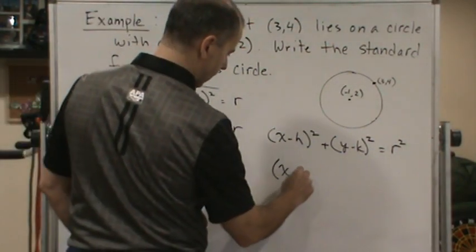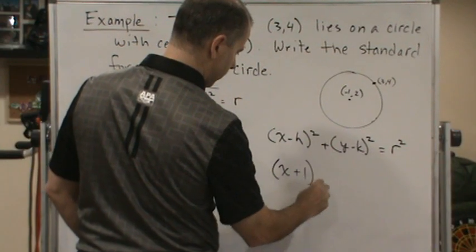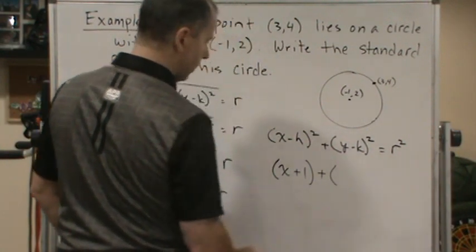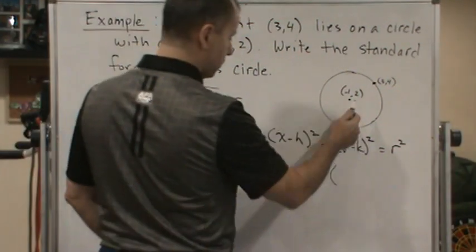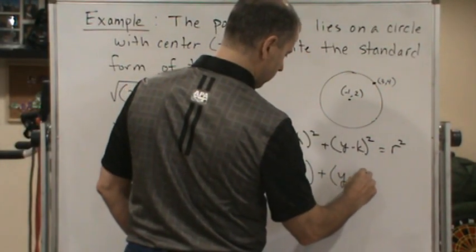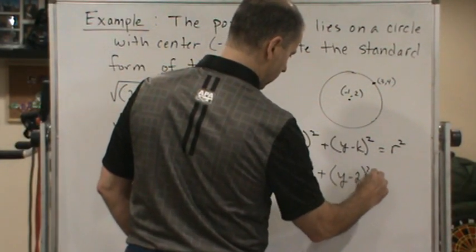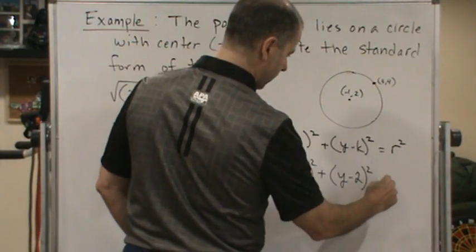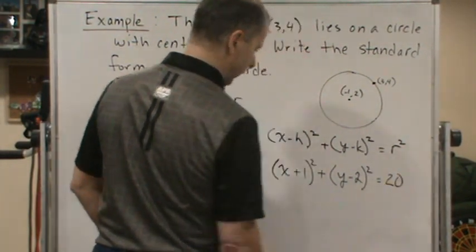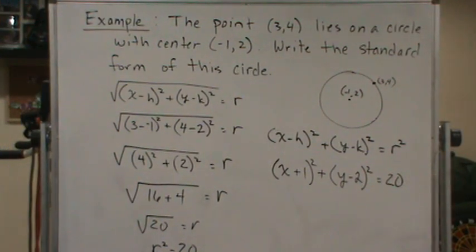Let's write it as x plus 1, plus (y minus 2) quantity squared, don't forget the squares, equals 20. And so that's our answer.